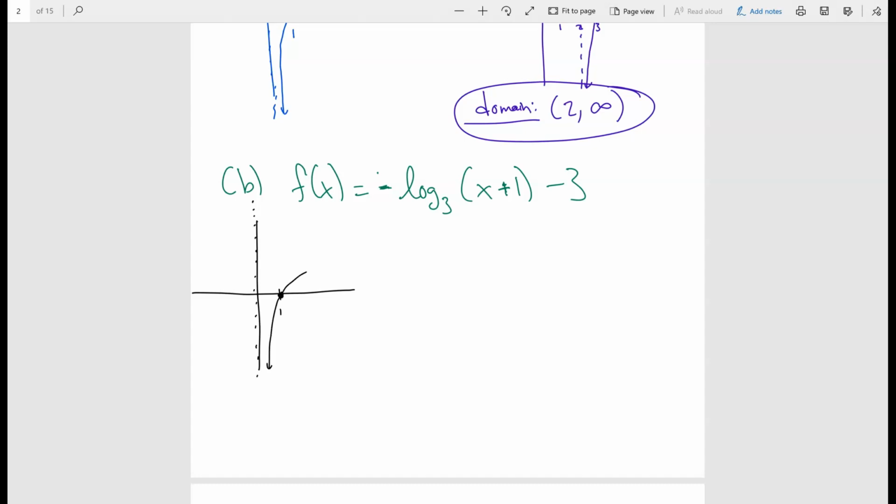Now for this middle part, we start with the inside 1, so we're going to shift it 1 to the left. This goes over to the left, and so does the asymptote. So now this asymptote is not going to be at 0; it's going to be at minus 1.